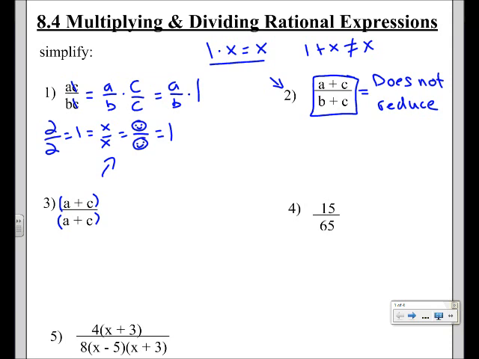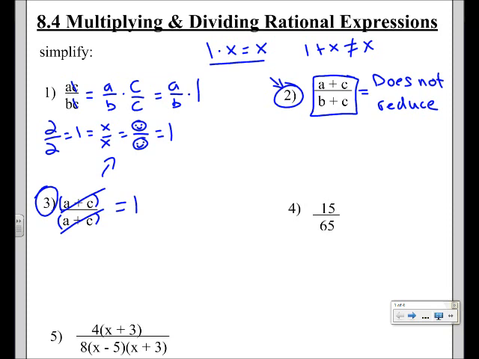A plus C is exactly the same as A plus C, so these two quantities, being the same, can cancel. Those will equal 1. So it works as long as they're exactly the same. It's very important to understand the difference between this guy and this guy. So take a quick look at that and make sure your notes reflect that. We're going to be using those properties a little bit later.